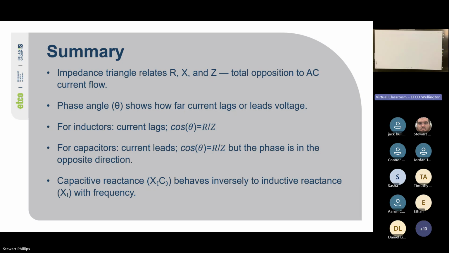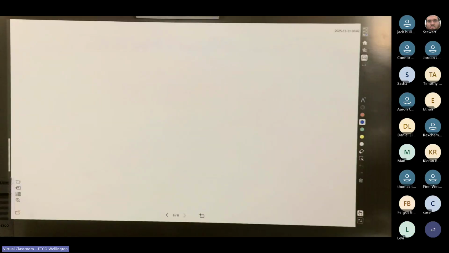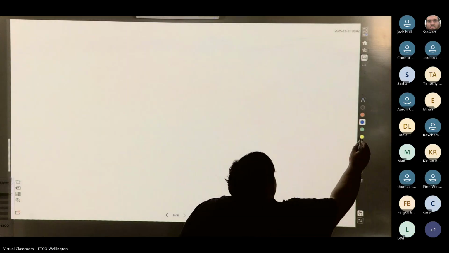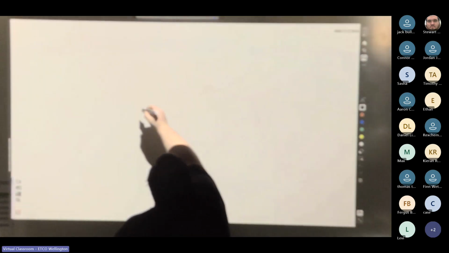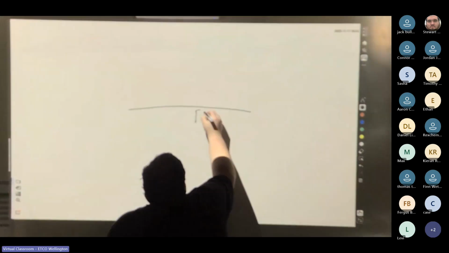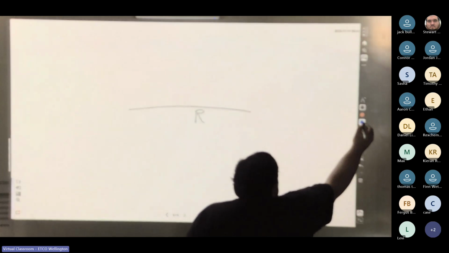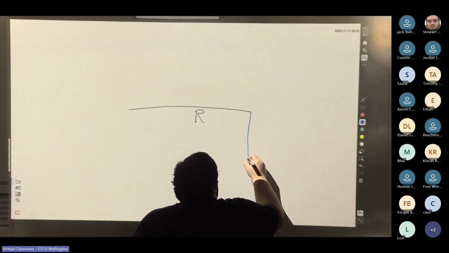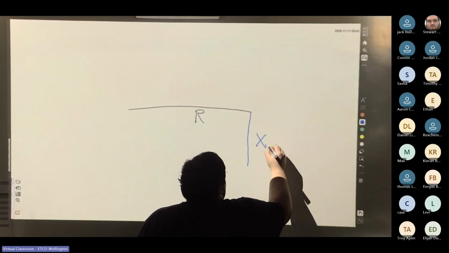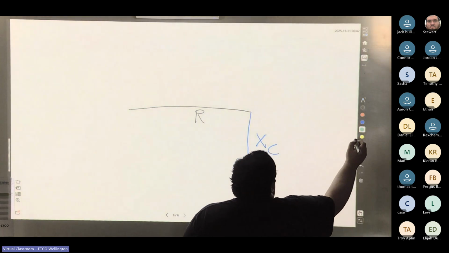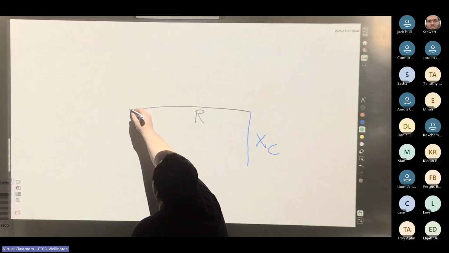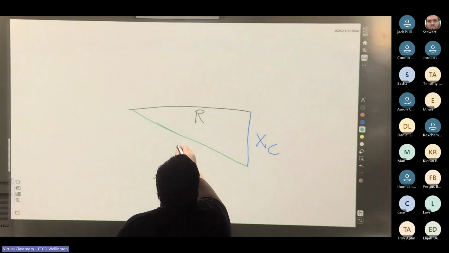So capacitive reactance, or XC, behaves inversely to the inductive reactance in terms of frequency. If we go back to our triangle, we draw our line here for our resistance, and our XC would go down because it's leading our voltage, but our impedance, the hypotenuse, would still be the same.